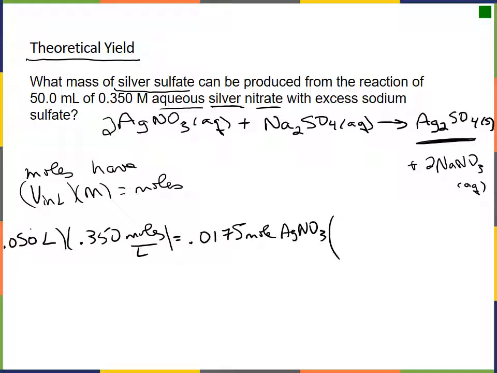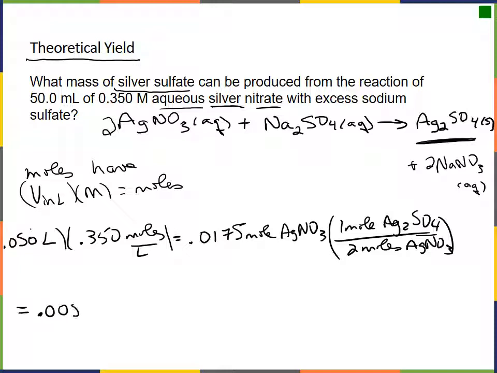Now, we're going to use our balanced equation to get moles of what we need. Well, what we need is silver sulfate. And we know our relationship is 1 mole of silver sulfate for every 2 moles of silver nitrate, the 2 from our balanced equation. So we're going to divide that through by 2, and we're going to get 0.00875 mole of silver sulfate.